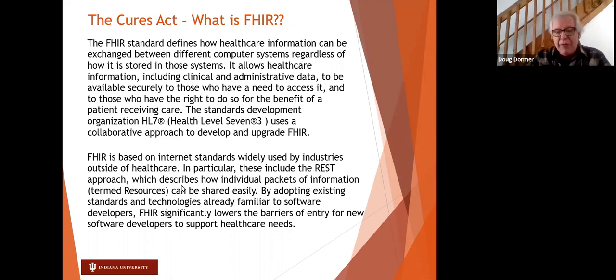Also, FHIR is based on internet standards widely used by industries outside of healthcare. I have to admit, I love this because, as some of you may have heard me say in the past, there is a sense in healthcare that we are different, implying perhaps we are better, but certainly different. I recall a case when we were dealing with certain standards under HITECH for breach notification.